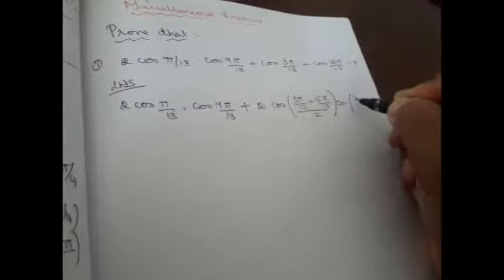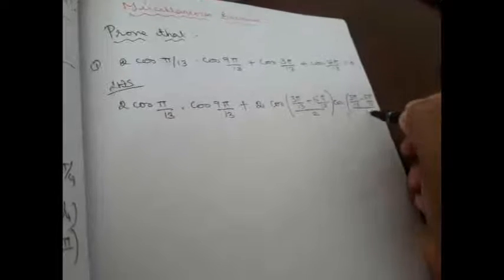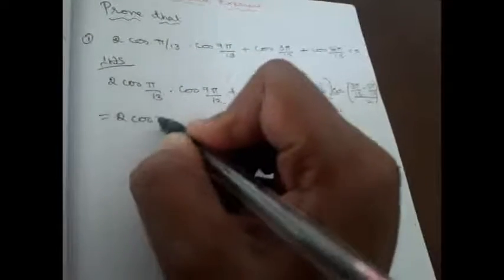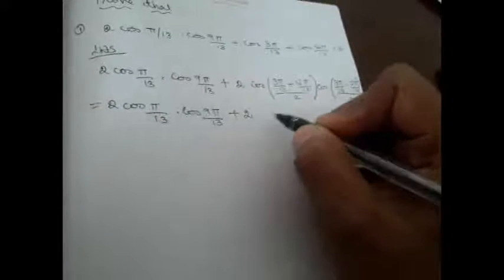So 2 into cos of (x plus y) by 2, that is, 3 pi by 13 plus 5 pi by 13, the whole divided by 2, into cos of (x minus y) by 2. This is equal to 2 cos pi by 13 into cos 9 pi by 13 plus 2 into cos, what is the common denominator?